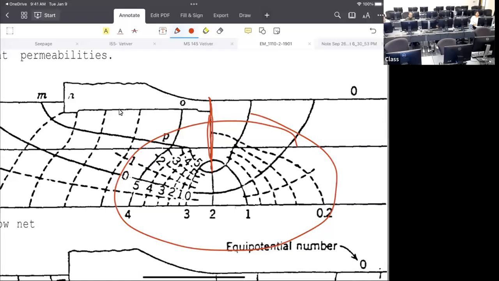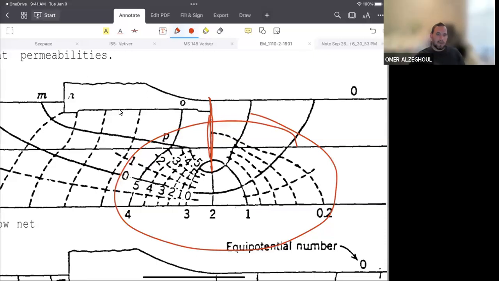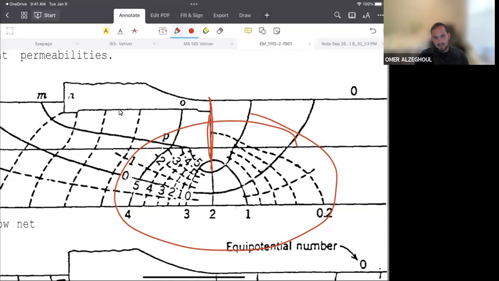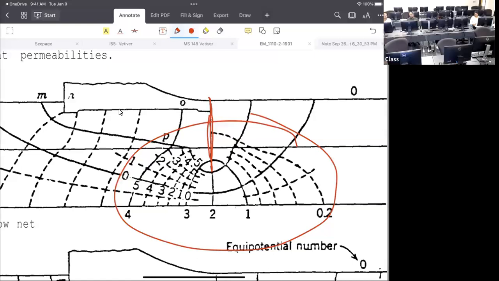Why do we have the sheet pile? What is the major advantage of adding the sheet pile? Prevent seepage, reduce the water head, which reduces the pressure. How?